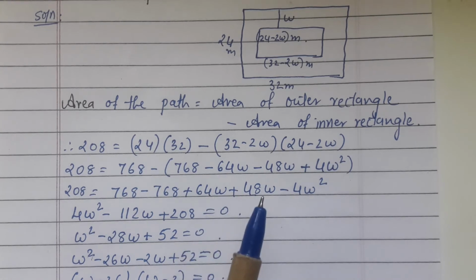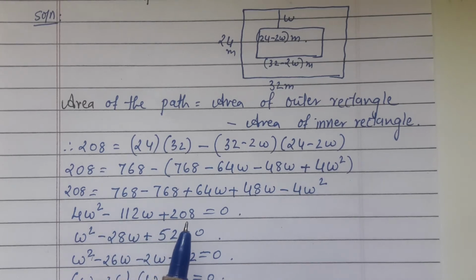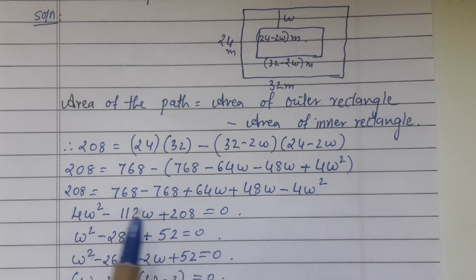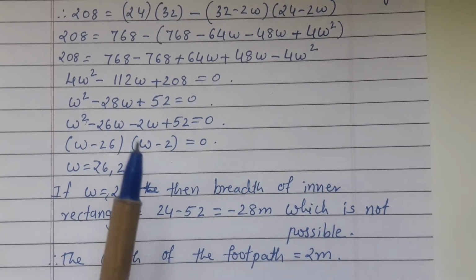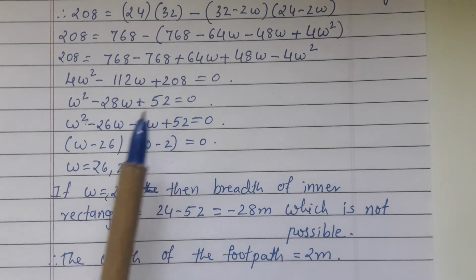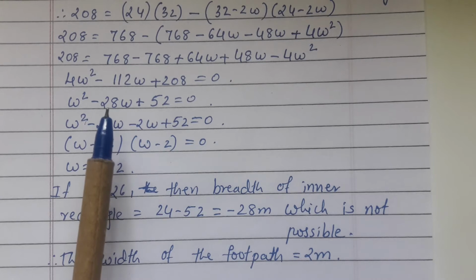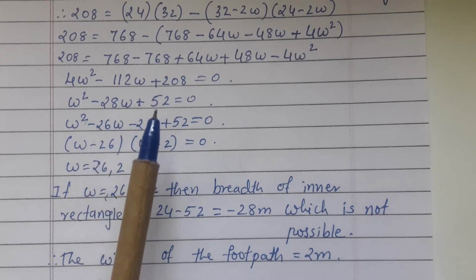64 plus 48, 112. 4W square minus 112W plus 208 is equal to 0. All are divisible by 4. Divide by 4, we get W square minus 28W plus 52 equals 0. Split 52 in two terms such that the addition is minus 28 and the multiplication is plus 52.